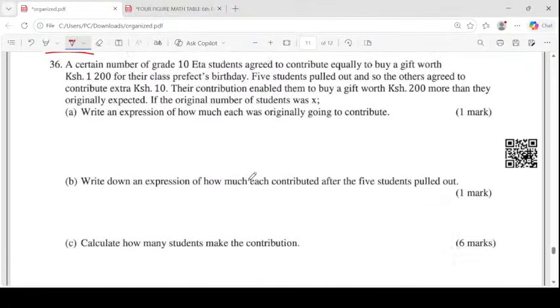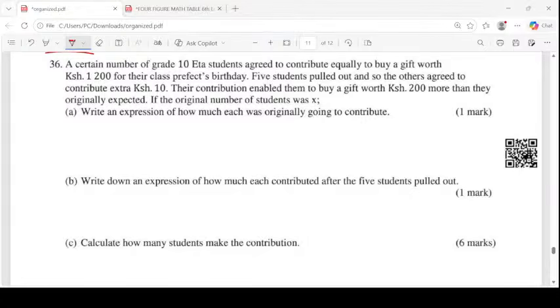Let us look at question number 36. A certain number of grade 10 students agreed to contribute equally to buy a gift worth 1,200 shillings for their class prefect's birthday. 5 students pulled out, and so the others agreed to contribute an extra 10 shillings.